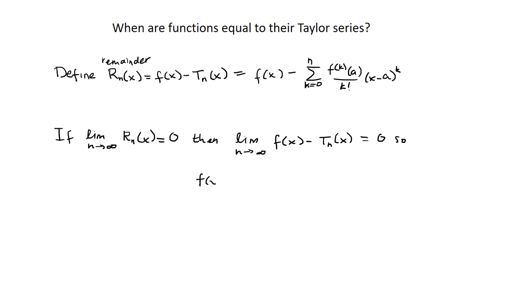So f(x) then is equal to the limit as n goes to infinity of T_n(x), the nth Taylor polynomial. And so our function at x is equal to its Taylor series at x.